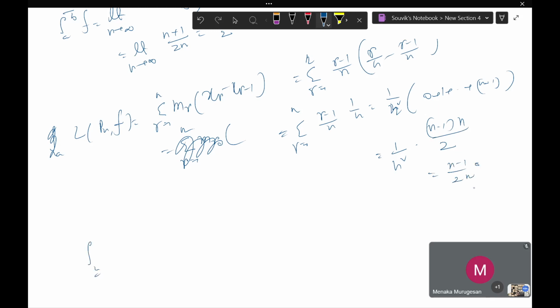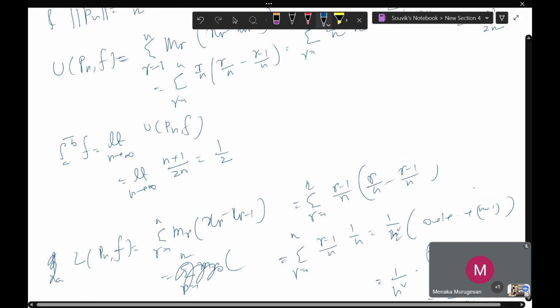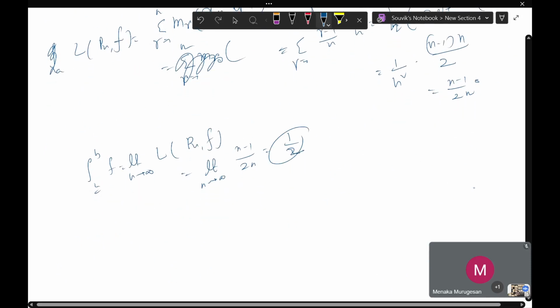So the lower integral is the limit as n tends to infinity of (n-1)/2n, which is also half. So the upper integral is half and the lower integral is half.